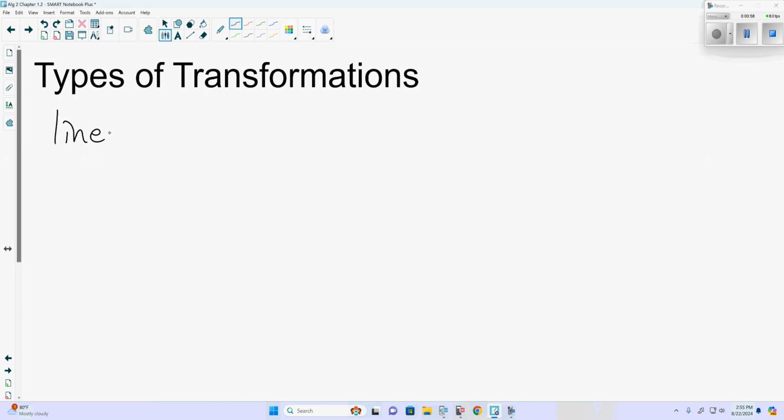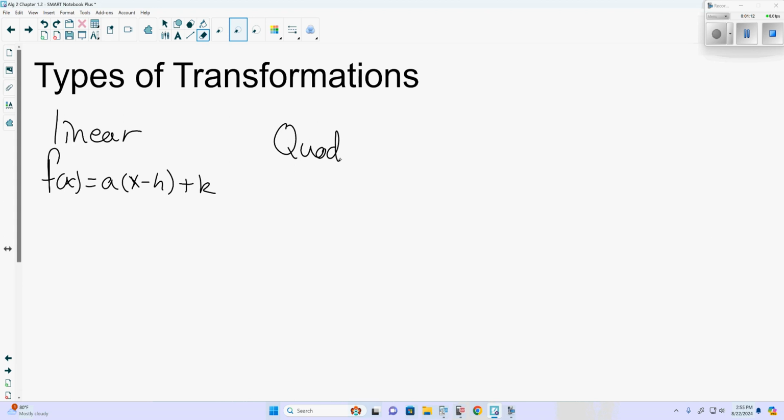So we have linear equations, which are given to us by f of x equals a times x minus h plus k. Our quadratic, f of x equals a times x minus h squared plus k.